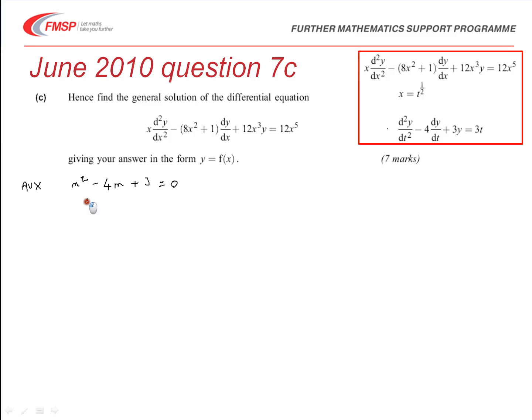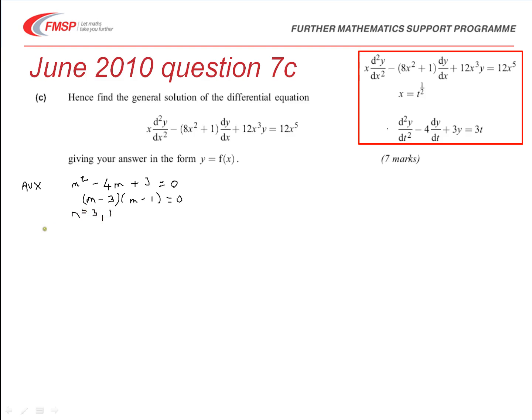And from that we can factorise it quite quickly into m minus 3 and m minus 1 equals 0. So that tells us the values of m as being 3 and 1.